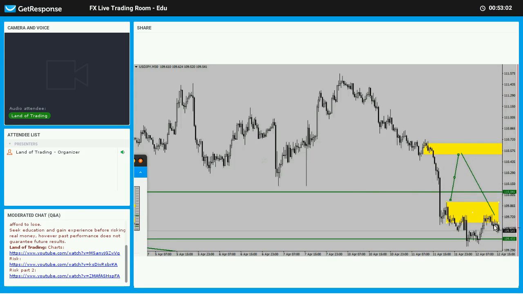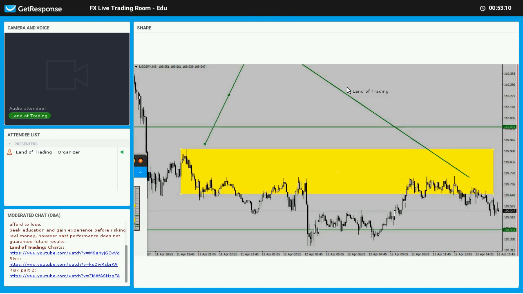And opposite to the sellers, the buyers have to wait for some kind of sign of strength, but I can see something like this for now.